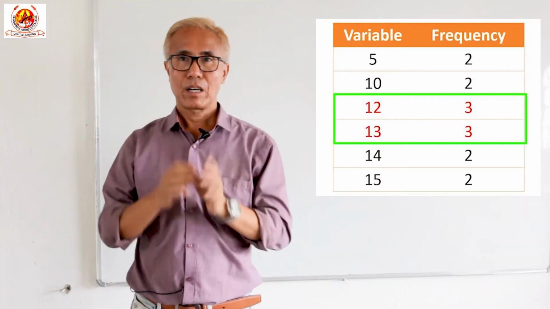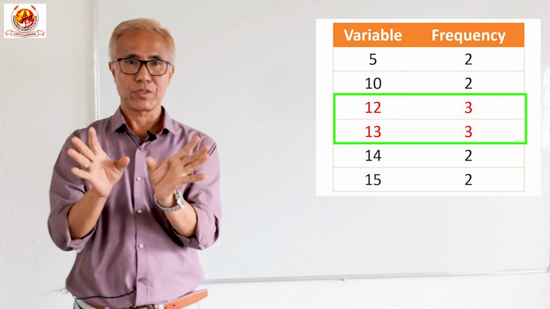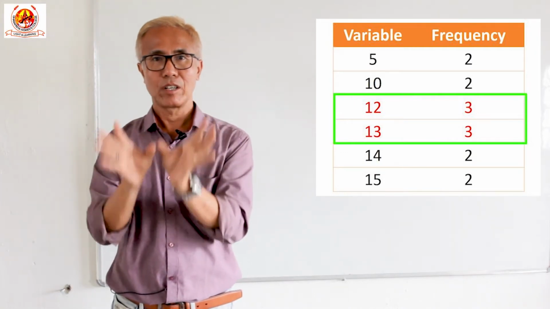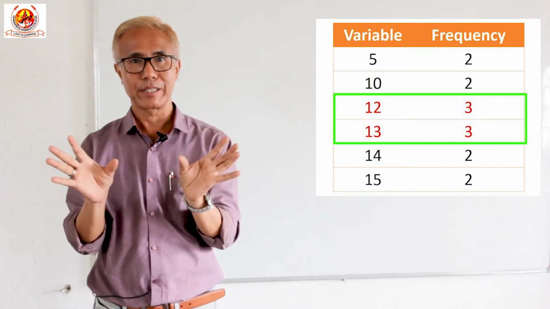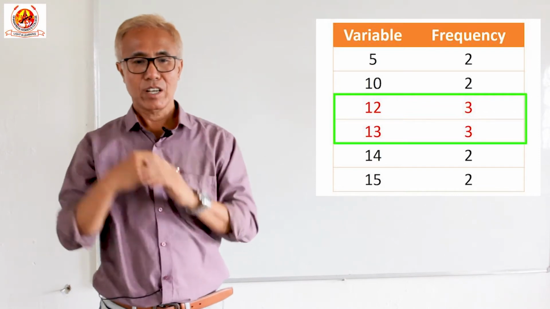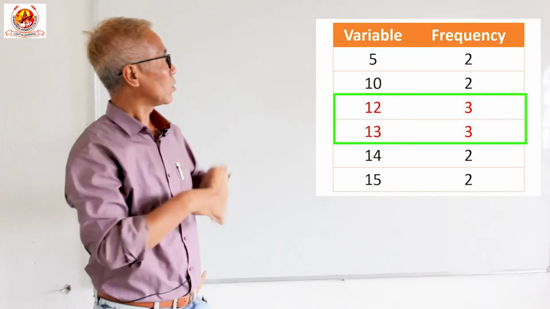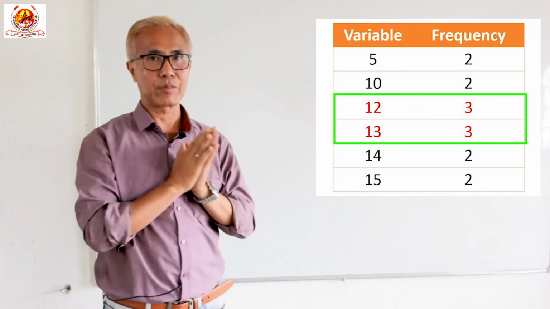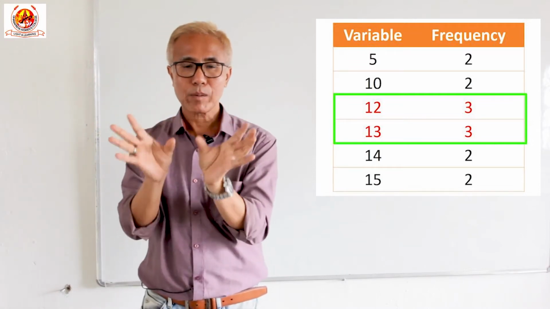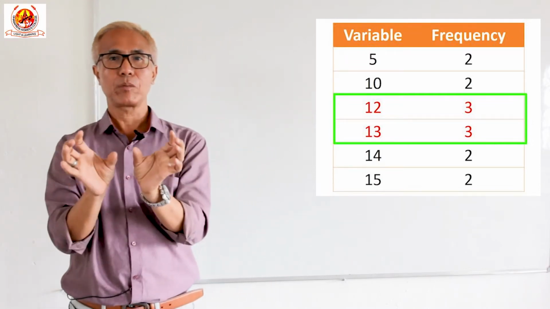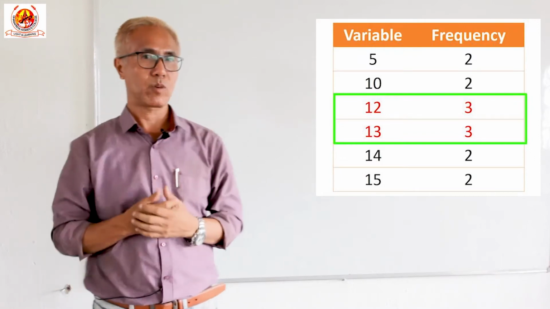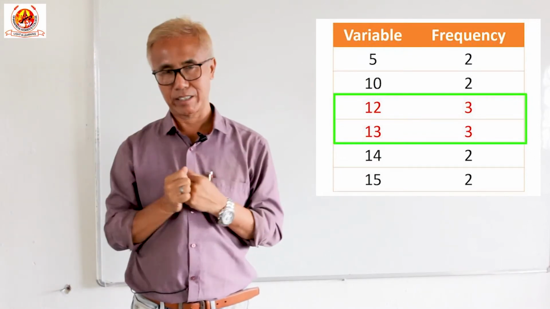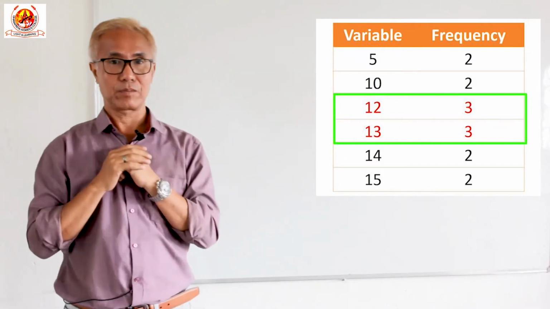According to our previous assumption, these are the modal values. Just look at this: 13 is occurring 3 times, and 12 is also occurring 3 times. So 12 and 13 are modal values. But one thing is here: 12 and 13 are adjacent to each other.